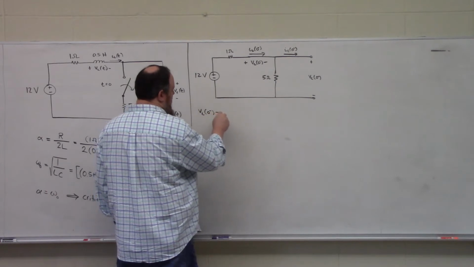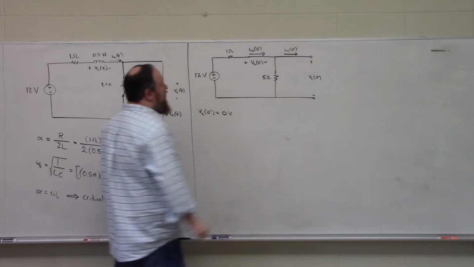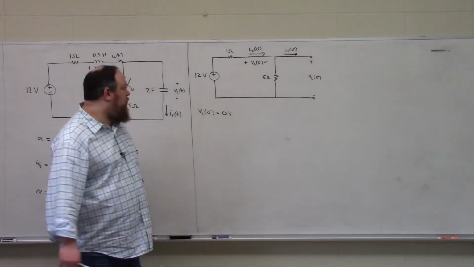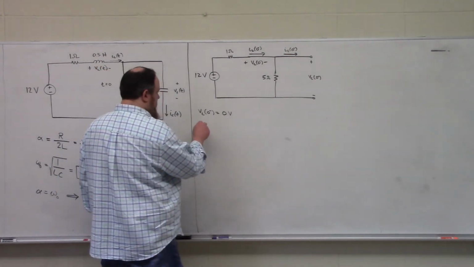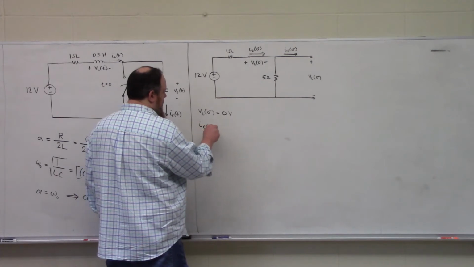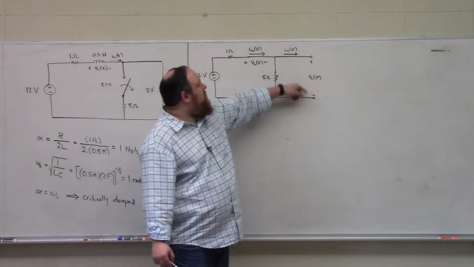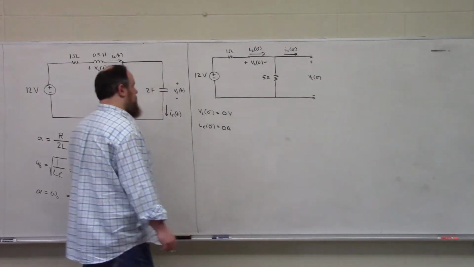So by inspection, we can see that VL at 0 minus must be 0 volts because the voltage drop over a short circuit is always 0. Similarly, IC at 0 minus is 0 amps because no current will be able to flow through the open circuit terminals of the capacitor.